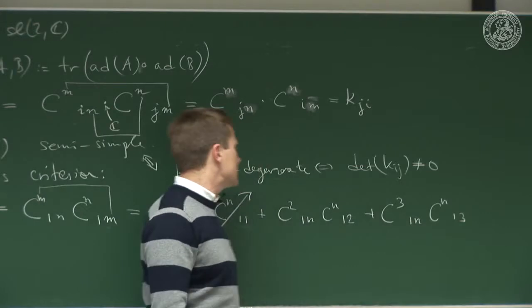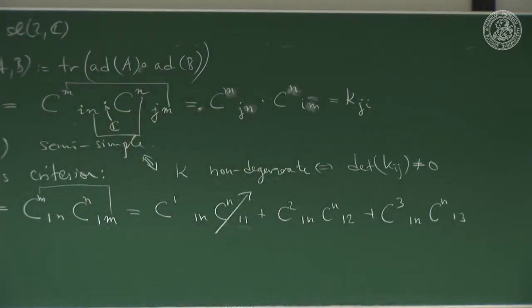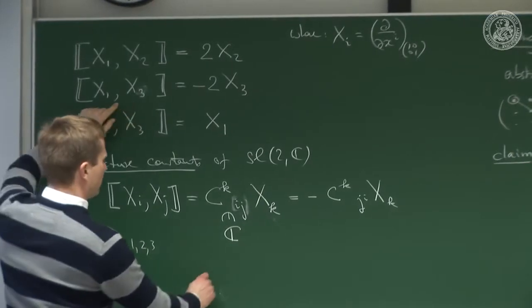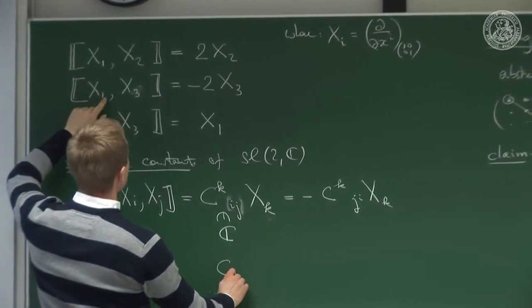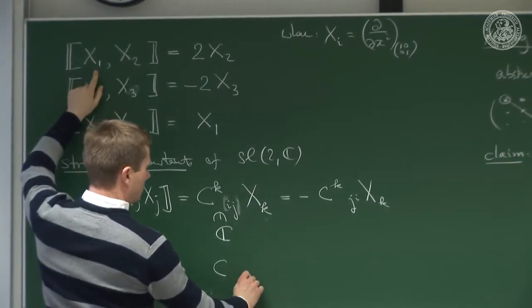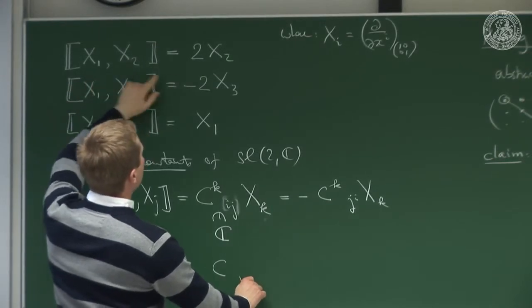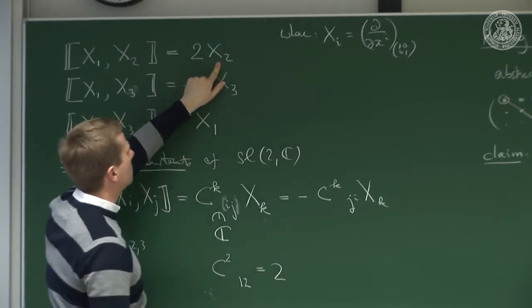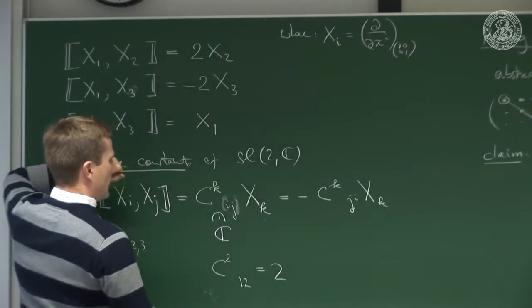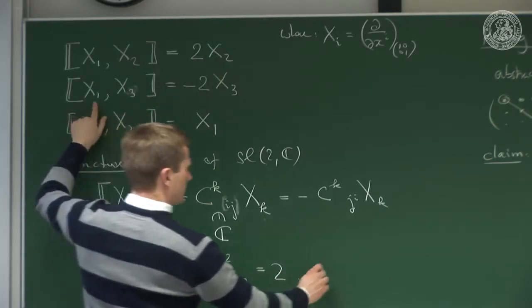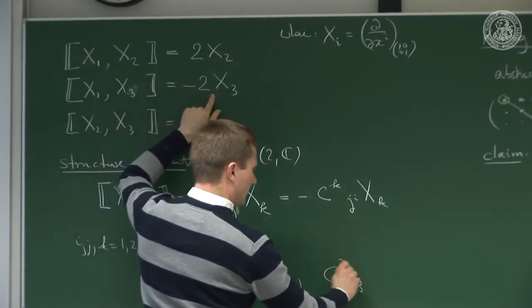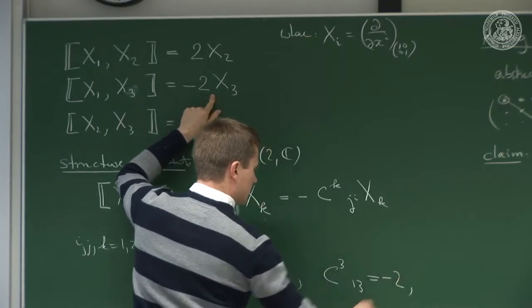These terms stay. But now if we look at the structure coefficients, what are the non-trivial structure coefficients? We have C 1 2, that's this one, only has the 2 component, and that is 2. Then we have here the C 1 3, only has a 3 component up here, that's minus 2.